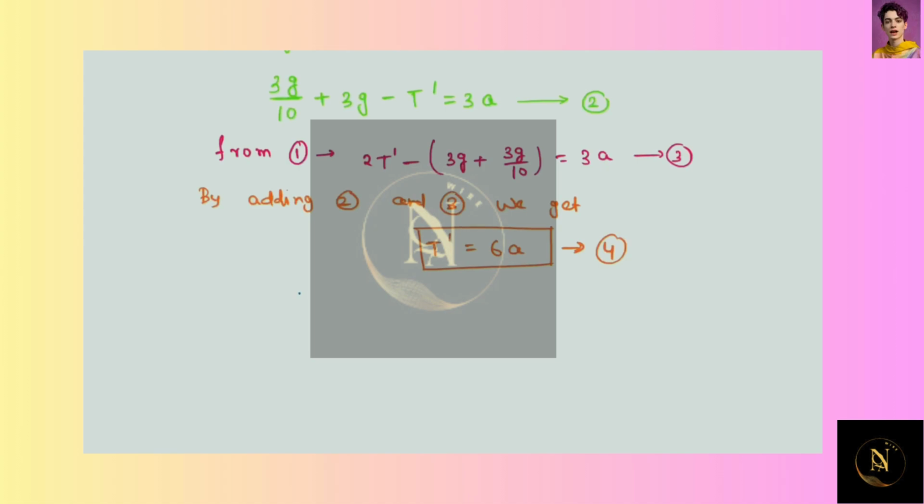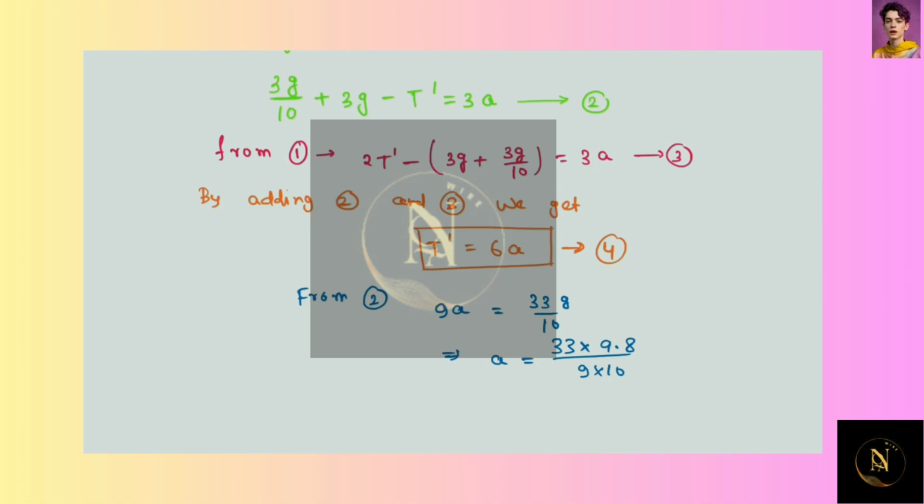Then from equation 2, if I put the T prime value 6a, we will get 9a equals 33 g by 10, and on simplifying this we will get a equals 33 into g, which is 9.8, divided by 9 into 10.